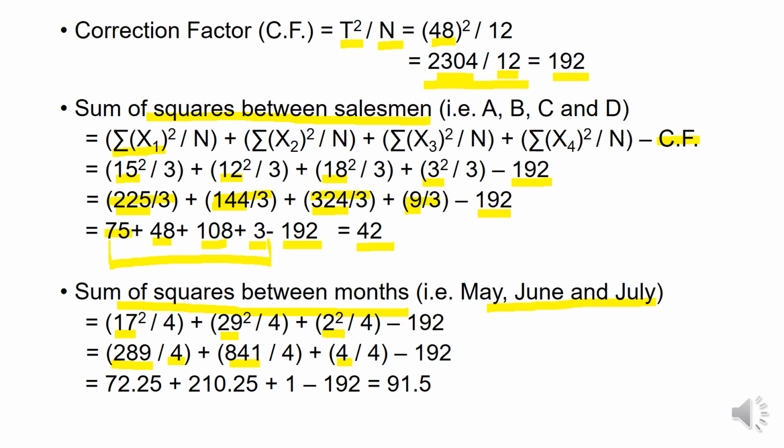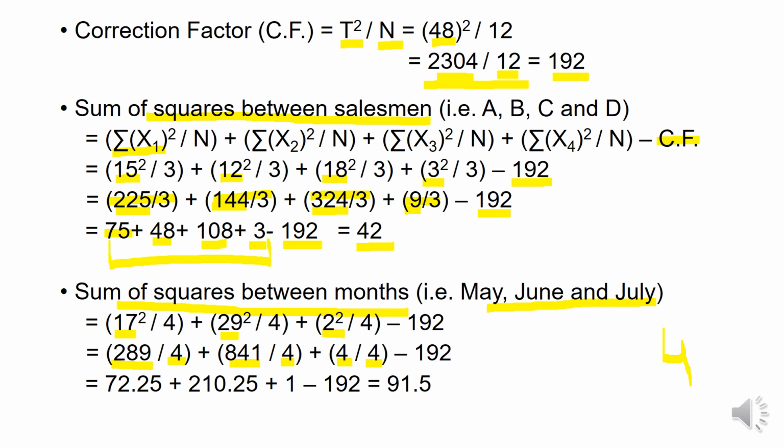Students, kindly note why we are dividing the sum of squares between months by 4. Because there are 4 salesmen across which the data is apportioned. So 289 will be divided by 4.